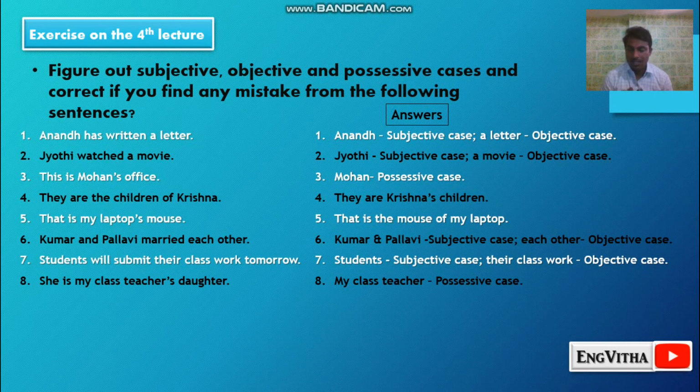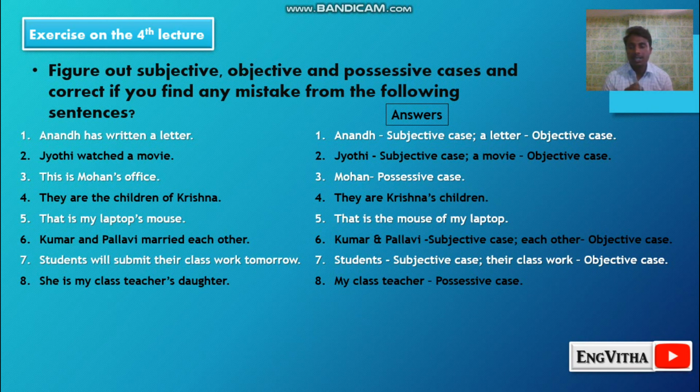Actually, this sentence is wrong, because here we used the preposition of for living things. For living things, we need to use apostrophe s. As I explained earlier, for living things we need to use apostrophe s to show possession. So they are the children of Krishna is wrong, and they are Krishna's children is right.